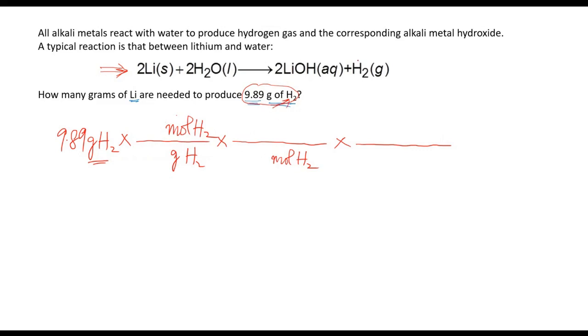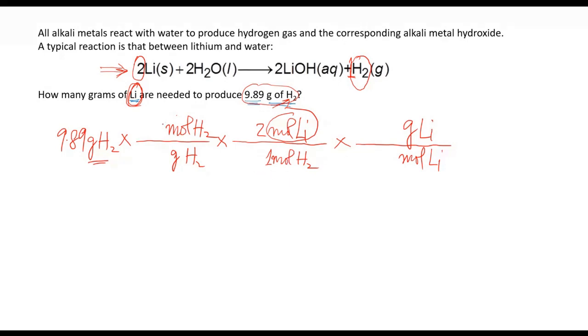How many moles of hydrogen here? 1 mole of hydrogen. And what do you have to calculate? Lithium. How many moles? 2 moles of lithium. This is step number 4. What is step number 5? Write the same: mole of lithium down and gram of lithium up.